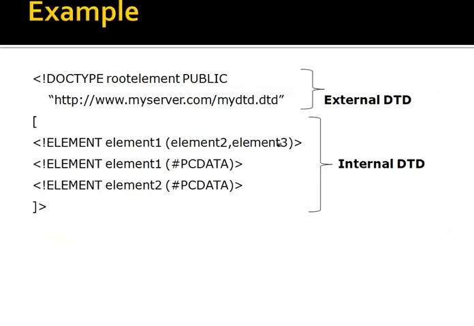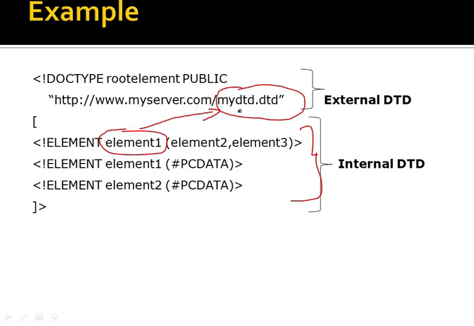Right. So look at this example. This is an external DTD, a separate file, and this is an internal one. If the element in this external DTD is defined, and at the same time the element is redefined here in the internal DTD, what will happen?